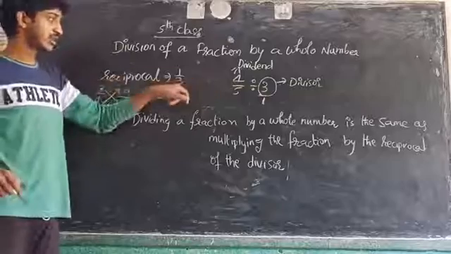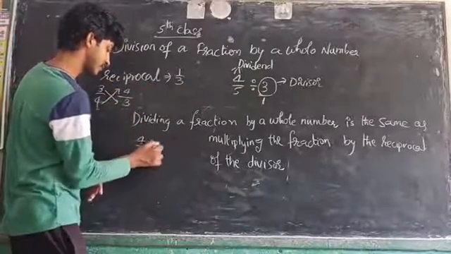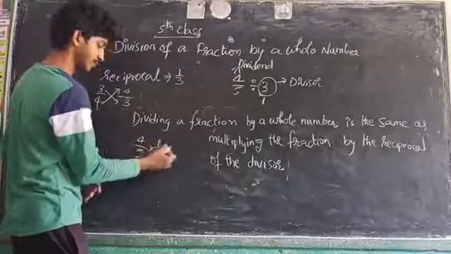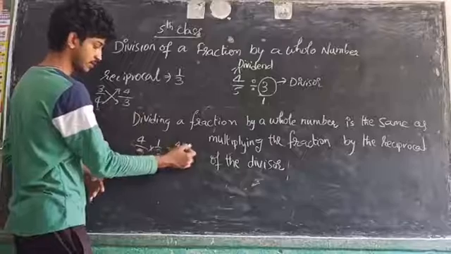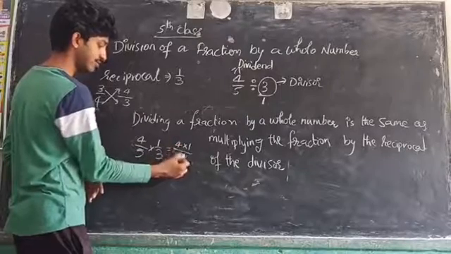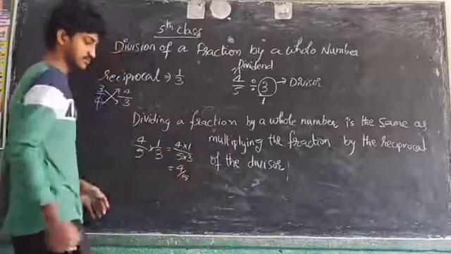Reciprocal of 3 is 1 by 3. Now multiply 4 by 5 with 1 by 3. We get 4 into 1 divided by 5 into 3. 4 by 15 is the answer.